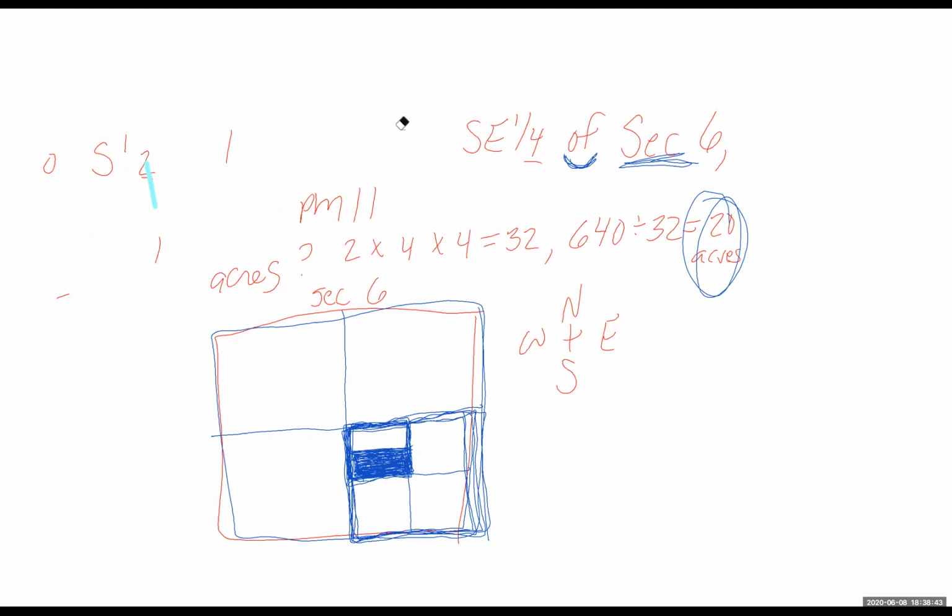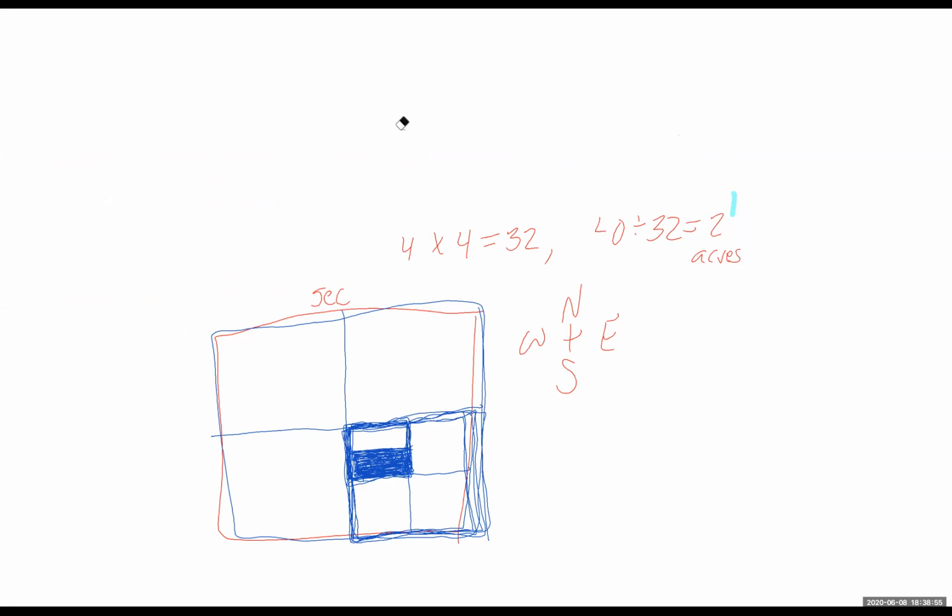So first of all, while I'm erasing, I want you to figure out how many linear feet we need around this 20-acre piece of land. Because we're going to put a fence around here. So how many linear feet do we need?